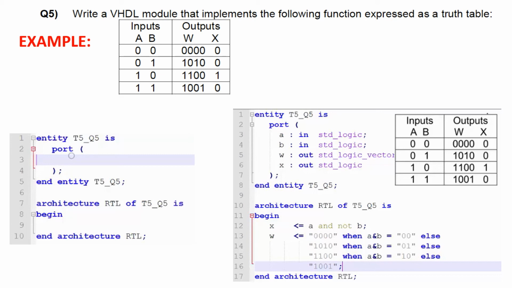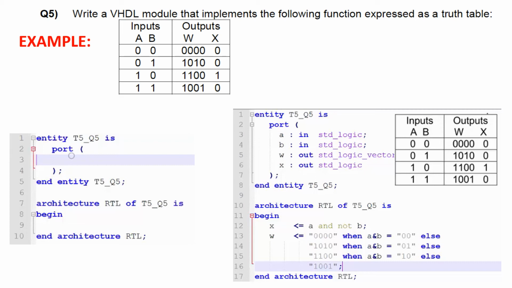This is the first portion, the entity part, and the second one is your architecture. The structure is architecture, the name of the architecture, for example RTL, of the entity, then begin, then end architecture. Within begin and end architecture you will write your main program.